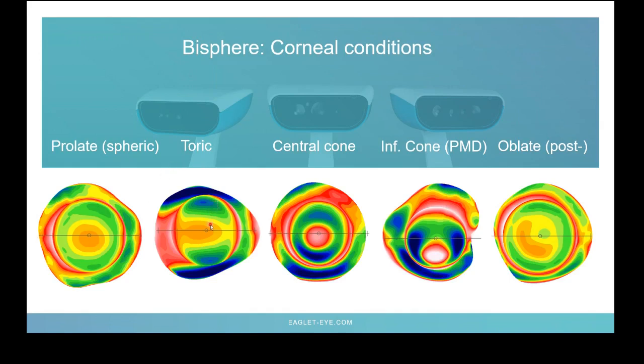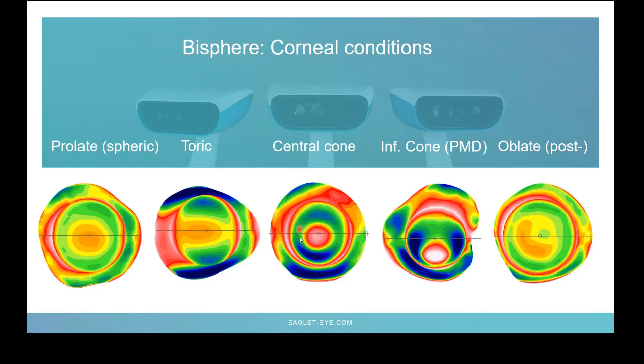A normal toric eye with the rule looks like this. You have the flat meridian, which is colored red, elevated above the best fit sphere. And you have the steep meridian, vertical, which is blue, so that means that it is below the best fit sphere.